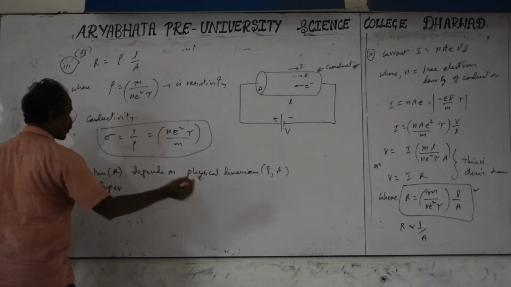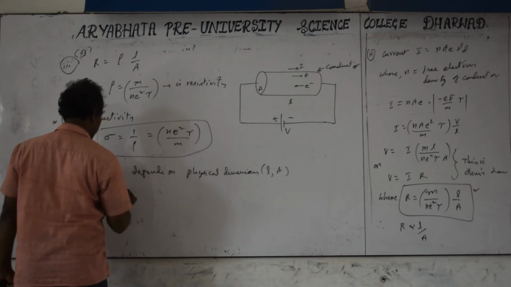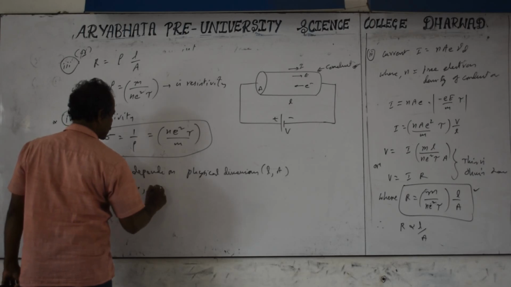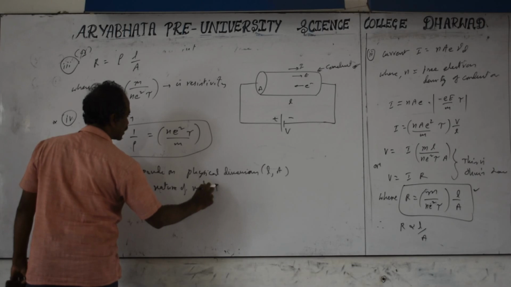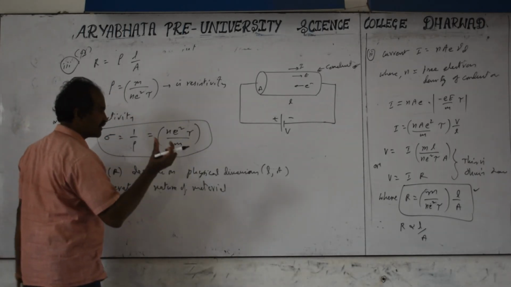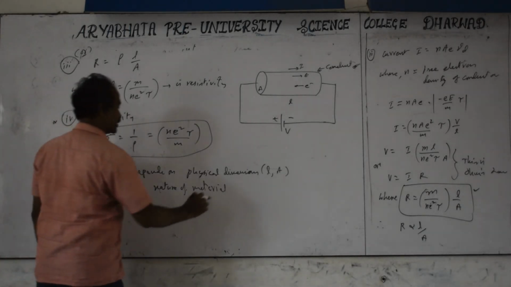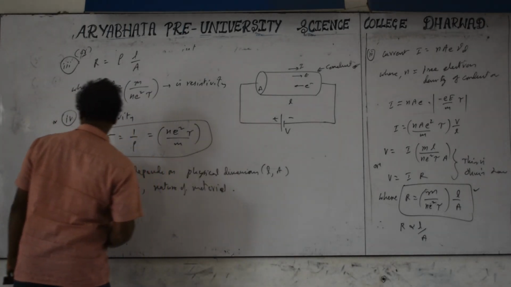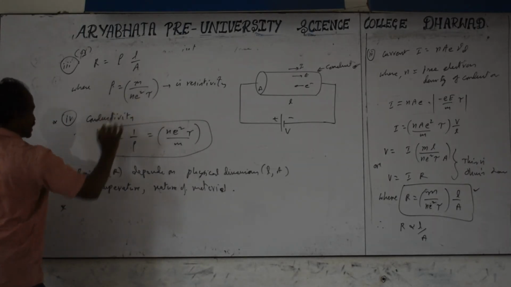Temperature, you don't find directly in the expression, but indirectly you get it through the relaxation time. And nature of the material. Here, nature of the material means tau and n. Tau depends on the gap between the atoms and is also affected by the temperature. Whereas resistivity, rho, and sigma do not depend on the physical dimensions.